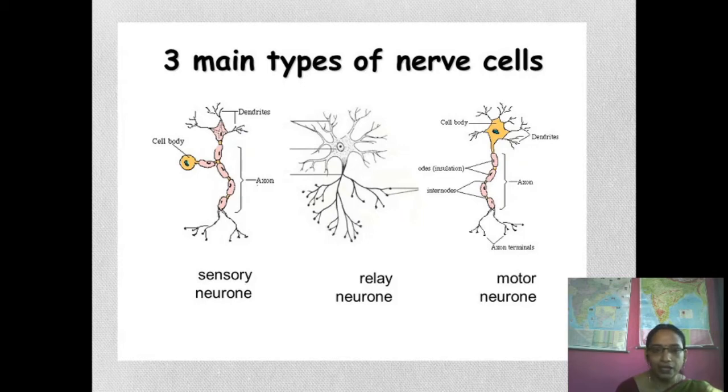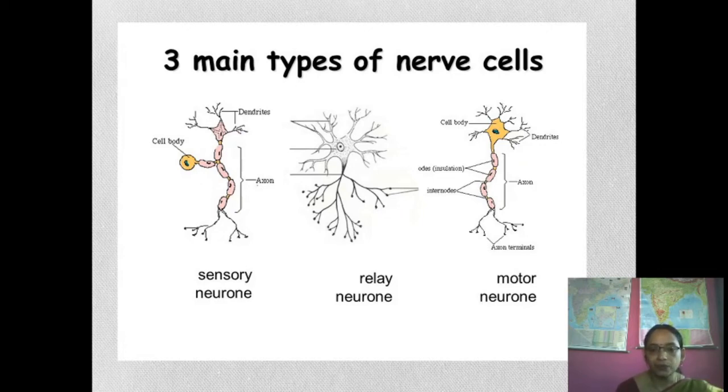That means they help with vision, sight, hearing, taste, smell, touch, pressure, all this information we are getting. So they receive those messages and carry them towards our brain. Those neurons are called sensory neurons.